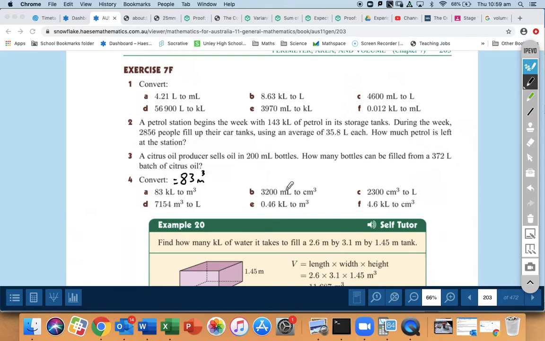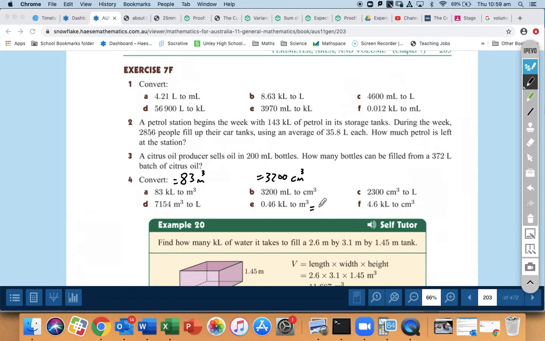Here, a millilitre is basically the same as a cubic centimetre, right? So the answer is the same number, right? There's some more explanation on the previous page.